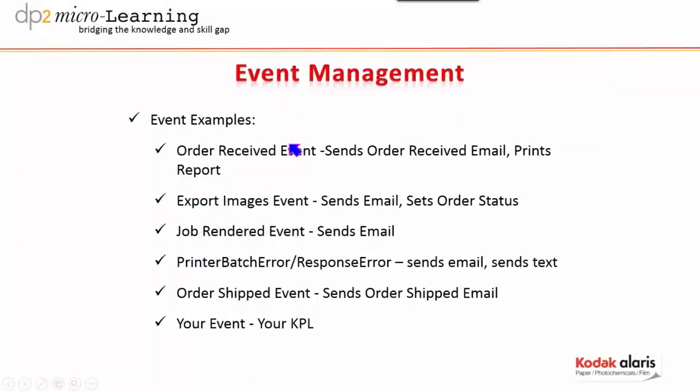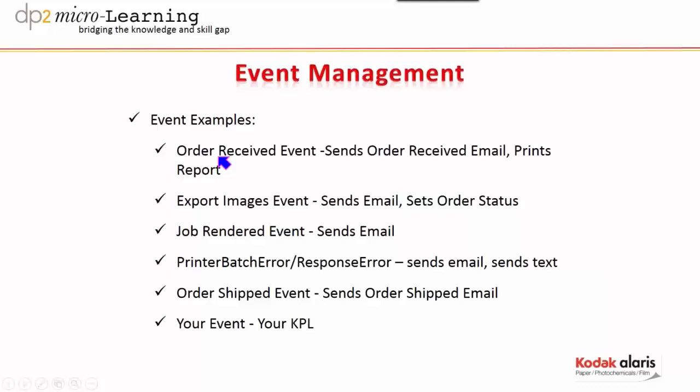So some examples, and I'm going to step through these examples. What I'm going to do, you guys, is kind of lay out an order as the example for today's session. An order comes into dp2, maybe automatically from a command file, maybe manually, the operator adds it. So I'm just going to use that as a starting basis.